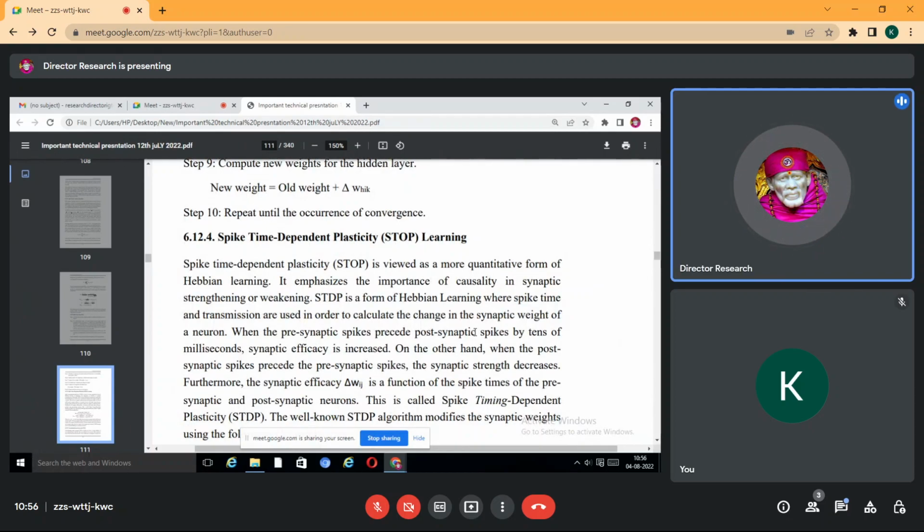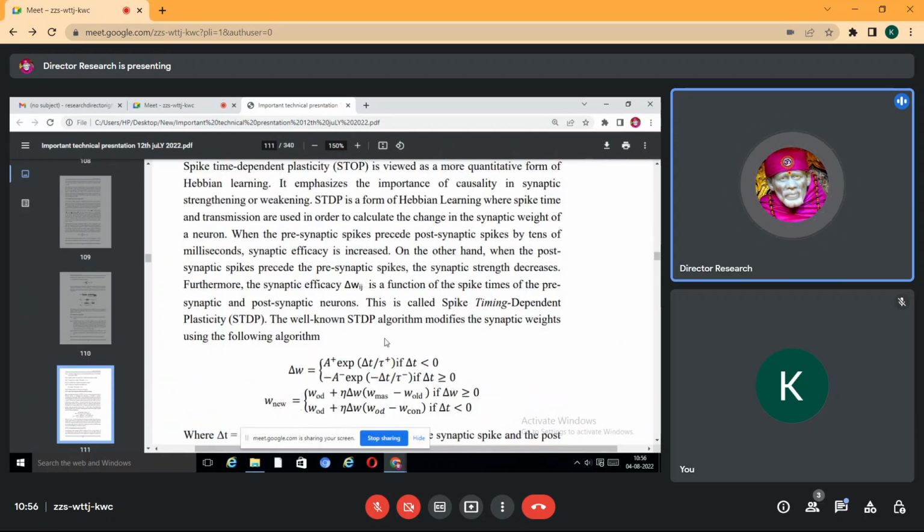Spike time dependent plasticity. Stop learning. Spike time dependent plasticity is used as a more quantitative form of learning method. It emphasizes the importance of causality in synaptic plasticity. If a presynaptic spike produces a postsynaptic spike within tens of milliseconds, then synaptic efficiency is increased.